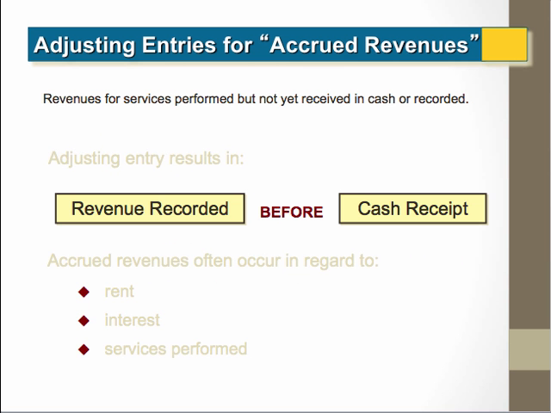So, the accrual of revenues means that we've performed a service or provided a product and we've earned the revenue, but we have not received the cash. So we need to make an adjusting journal entry to recognize revenues, and we have to recognize that someone owes us money.